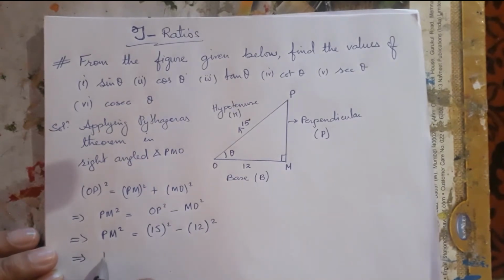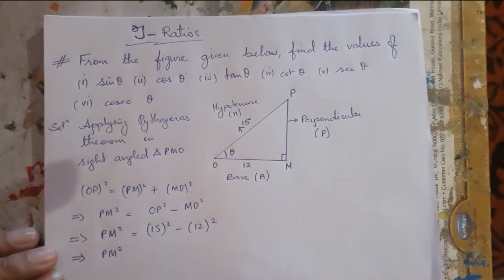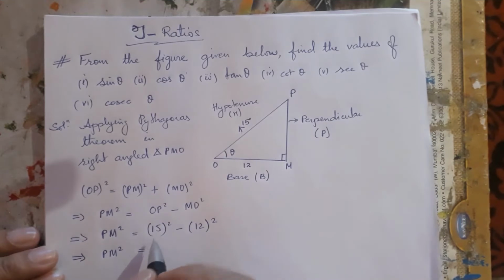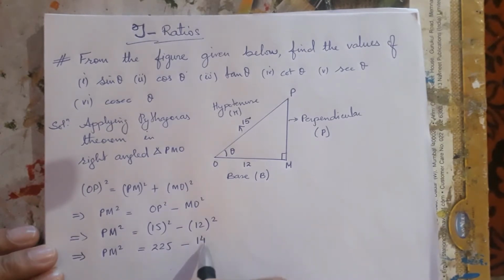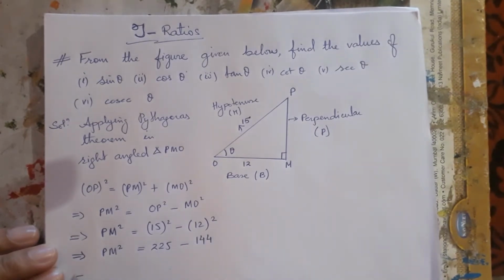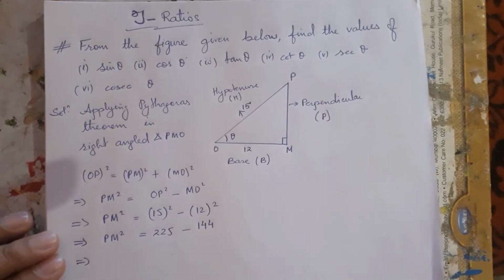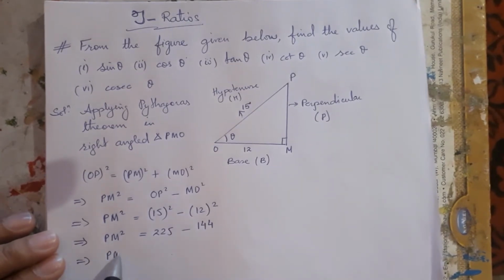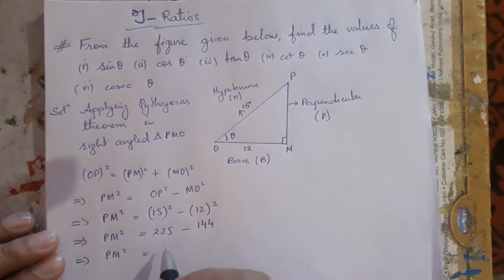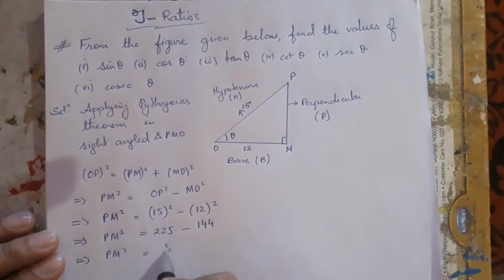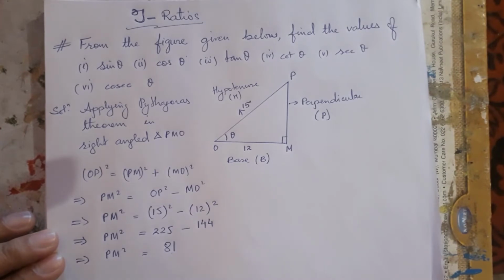So we can write PM square is equal to, what is the square of 15? It is 225 and the square of 12 is 144, implies PM square is equal to 225 minus 144 will give us 81.